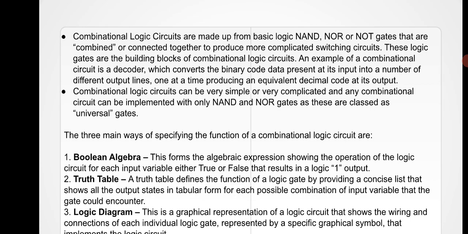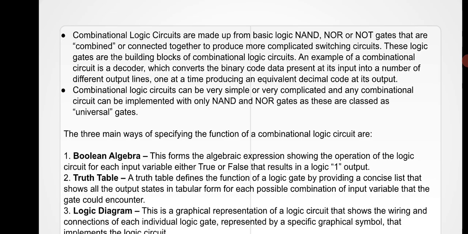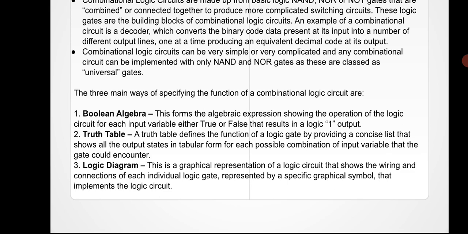The three main ways of specifying the function of a combinational logic circuit are: first, Boolean algebra; next, truth table; and last, logic diagram. When you deal with Boolean algebra, this forms the algebraic expression showing the operation of the logic circuit, where each input variable, either true or false, results in a logic 1 output.